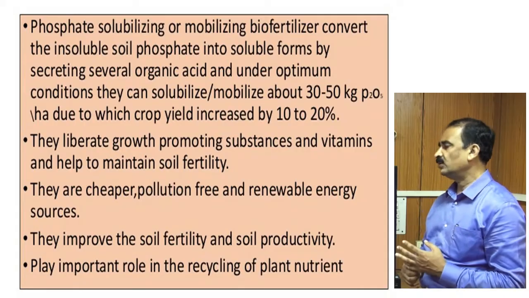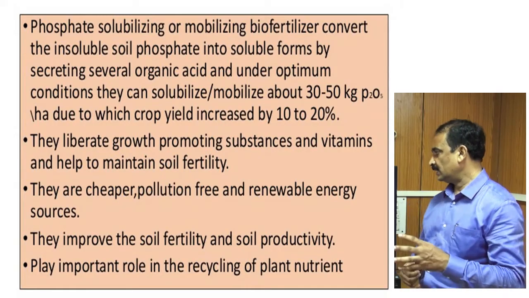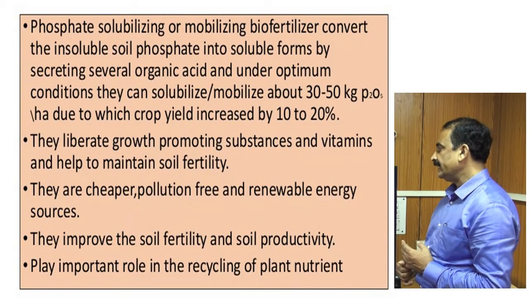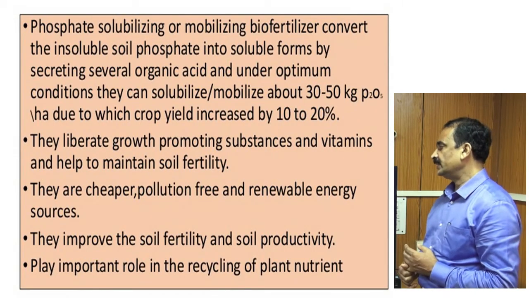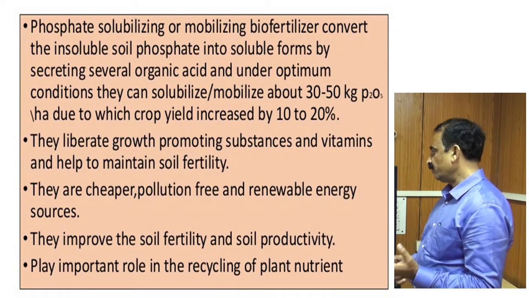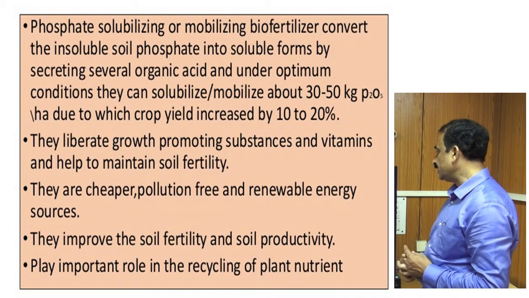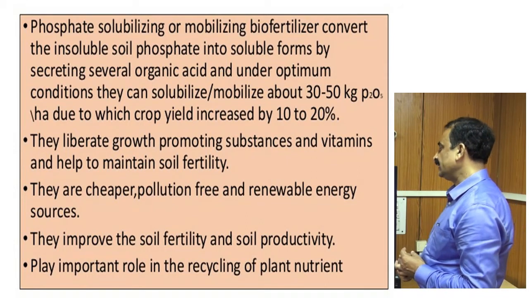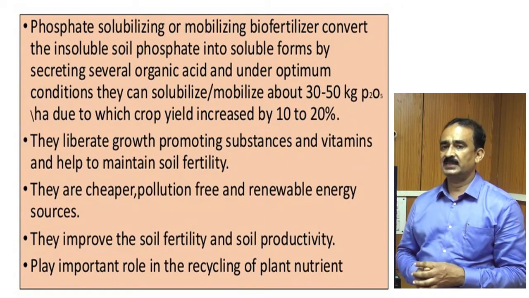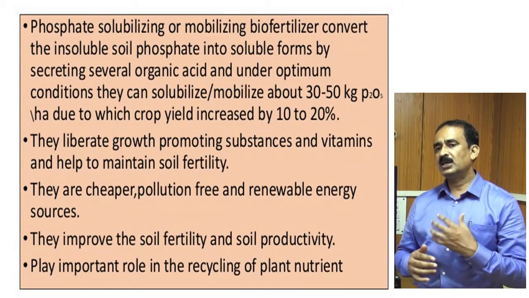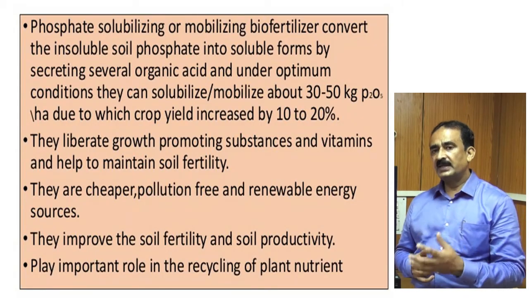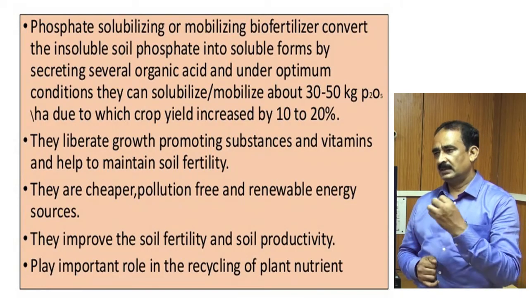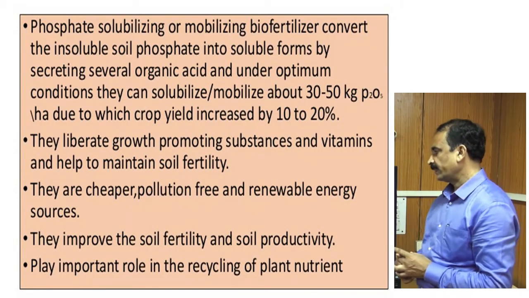So it is converted into dicalcium phosphate or a soluble form, as they secrete several organic acids, and under optimum condition they may solubilize or mobilize about 30 to 50 kg of P2O5 per hectare, due to which crop yield increases by 10 to 15%. So mainly the insoluble form is converted into soluble form, and then the plant absorbs it as a nutrient.